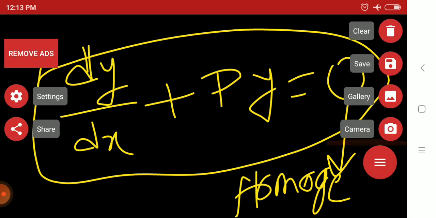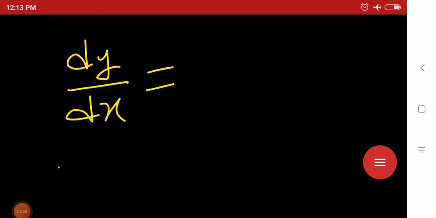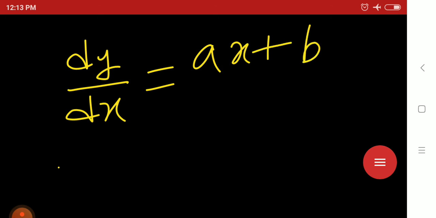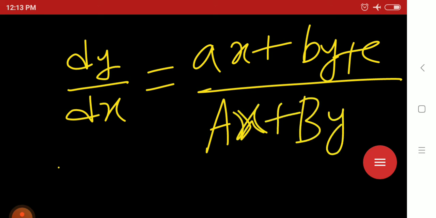So what is the step? For equation reducible into homogeneous equation, the form is dy by dx equals ax plus by plus c divided by capital A x plus capital B y plus c prime.